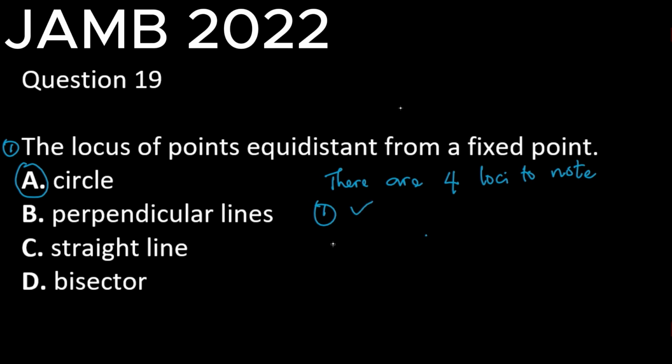You put the compass there and draw a circle around it. So the locus of a point from a fixed point is usually a circle. If it is from a fixed point A, you now have a circle there. Okay, that is the first one.